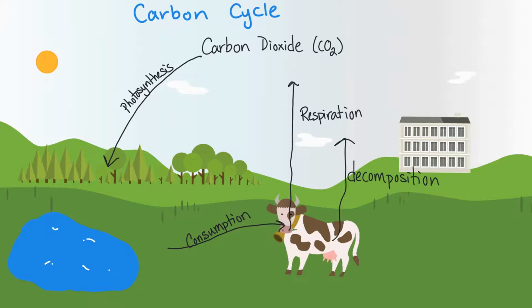But not all of the carbon in the animal will be decomposed. So when it dies, some of it will go into the geosphere. If there's less decomposition, more ends up in the geosphere. It ends up in the rocks when an animal dies.